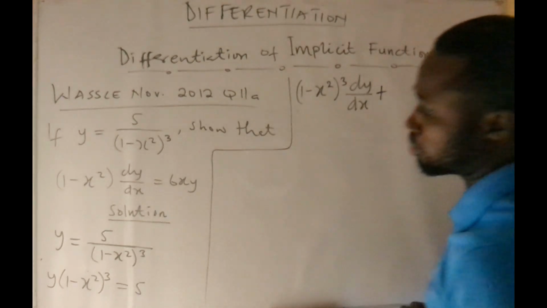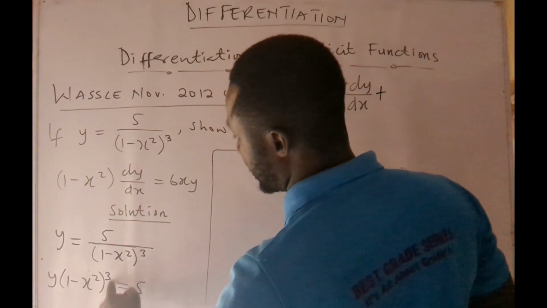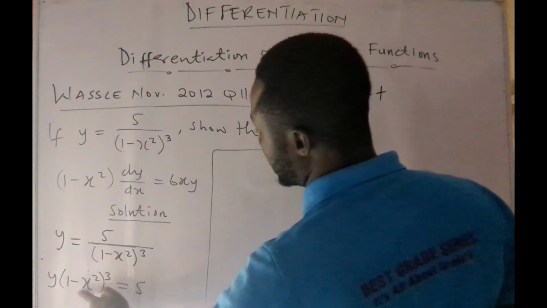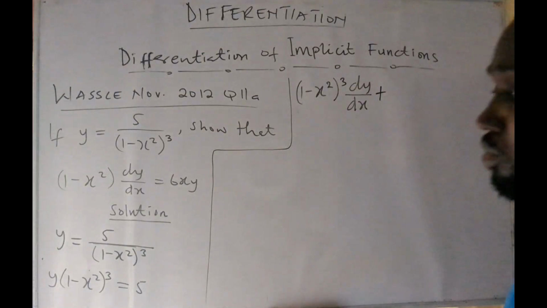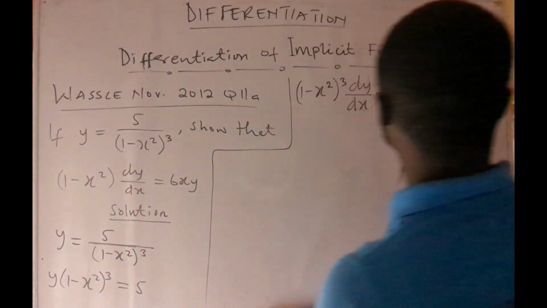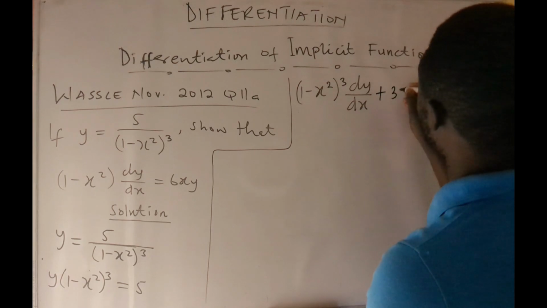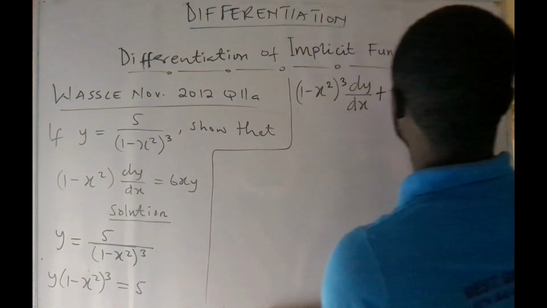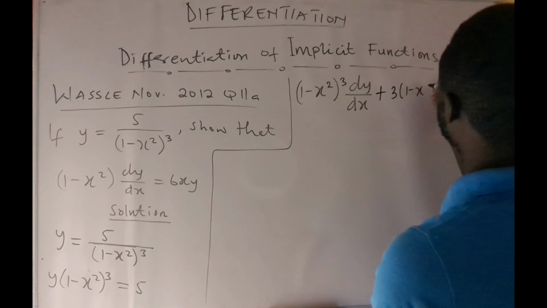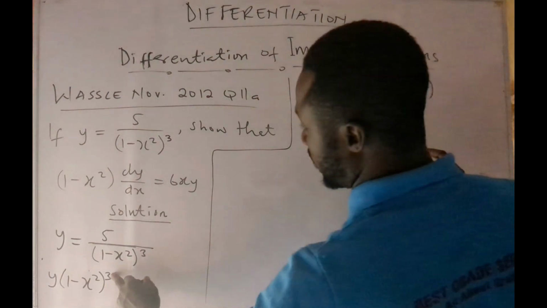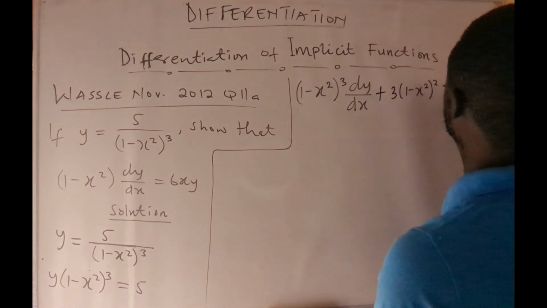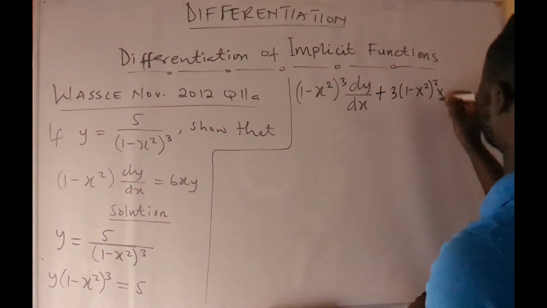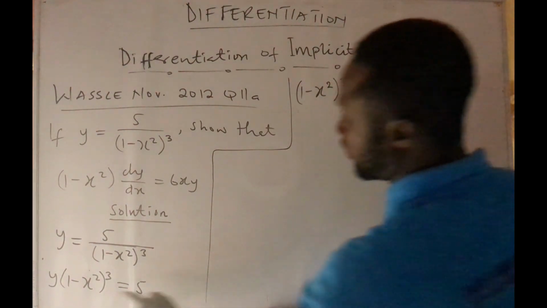Then what I'll do is to also differentiate (1 minus x squared) cubed, then I multiply by y. Differentiating this requires the chain rule. So I'll take 3 and multiply the 3 by what? (1 minus x squared). Then I'll subtract 1 from the exponent to give me 2. Then after that, I'll multiply by the differentiation of what is in the bracket.